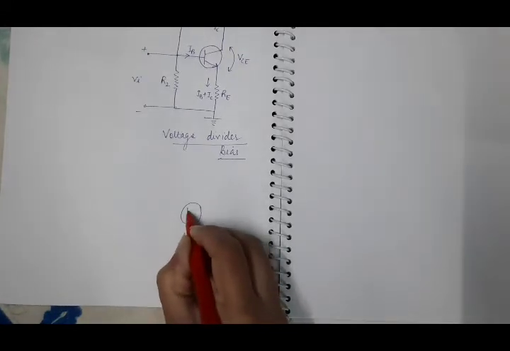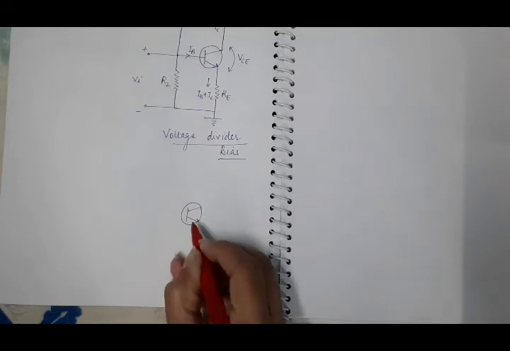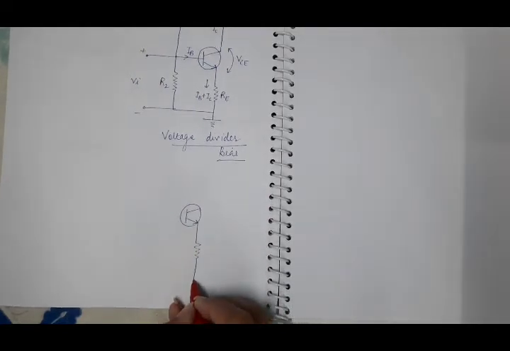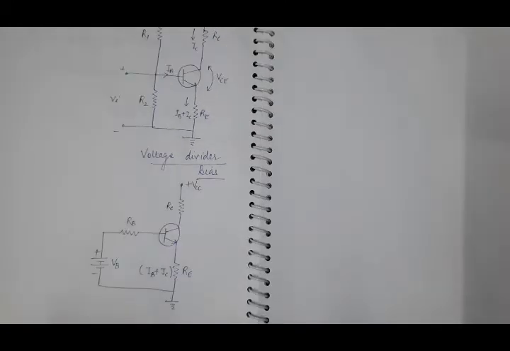this is the common emitter amplifier. Now here you can see what will happen.